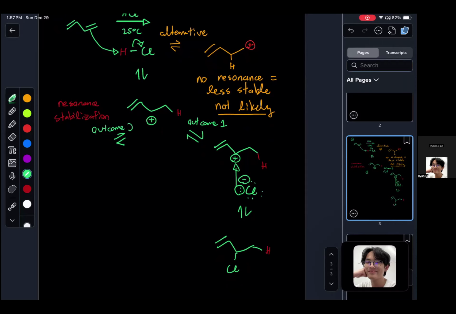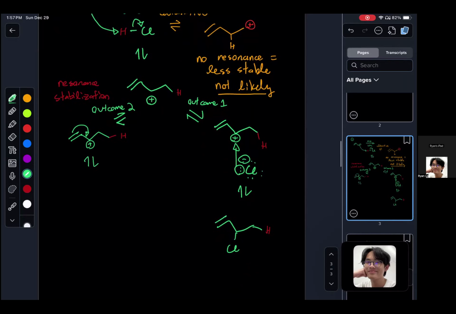Outcome two is that resonance stabilization will kick in. When that happens, some resonance over here, and then this plus charge is going to end up over here, right?